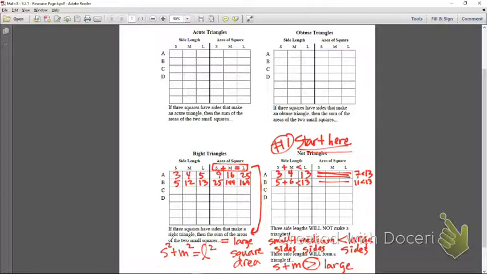All right, so I just wanted to verify my numbers. In an acute triangle, we found out that the small squared and the medium square were bigger than the large square. So let's use the actual sides that we dealt with in the problem.